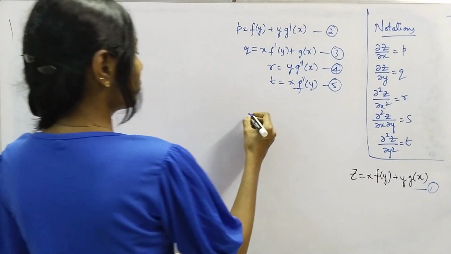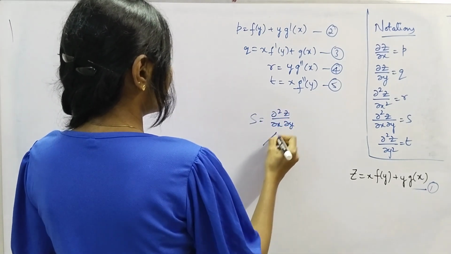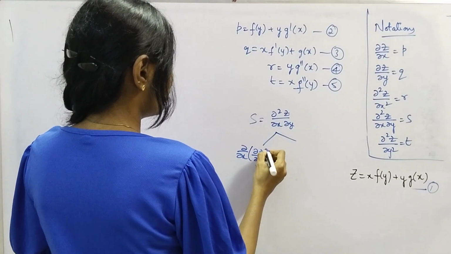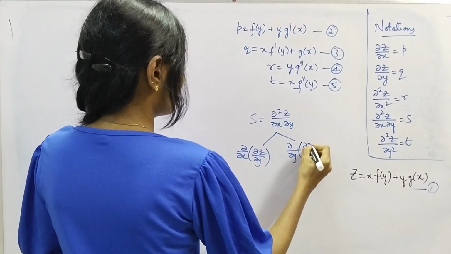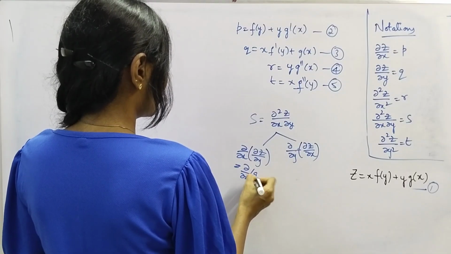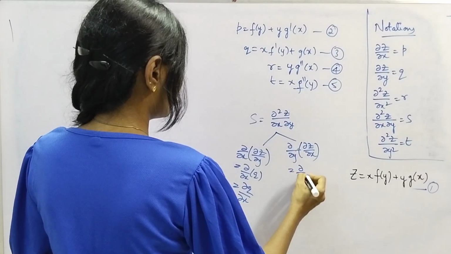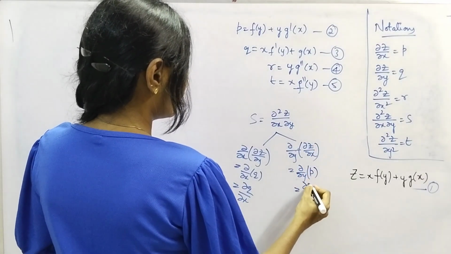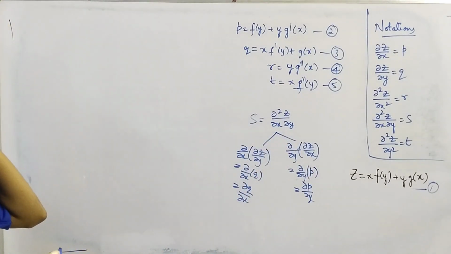S is nothing but dou square z by dou x dou y. We can write this as dou by dou x of dou z by dou y, or dou by dou y of dou z by dou x. Since dou z by dou y is nothing but q, dou q by dou x is s, or you can say it's replaced by p, dou p by dou y is also s.